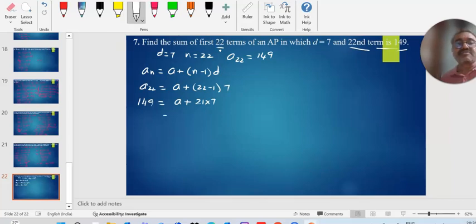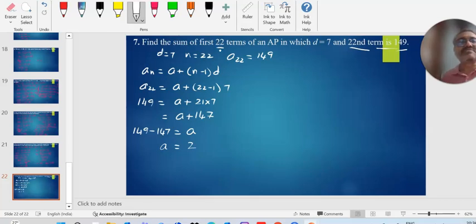So that is equal to A plus 147. Now convert this 147 to the left side. 149 minus 147 is equal to 2, whereas A is equal to 2.